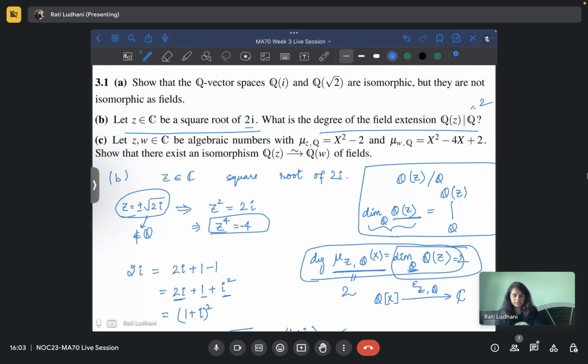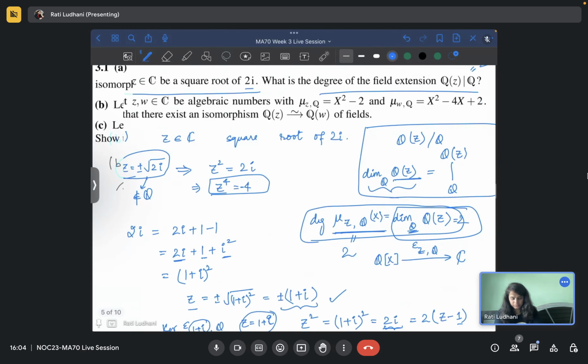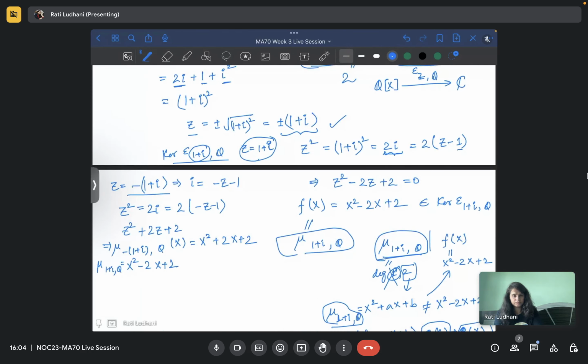Yes, ma'am. We have defined Q[x] to C map, epsilon z comma Q. What is the meaning of the notation epsilon z comma Q? Sorry, I didn't get your question. So mu of z comma Q, this we need to find.